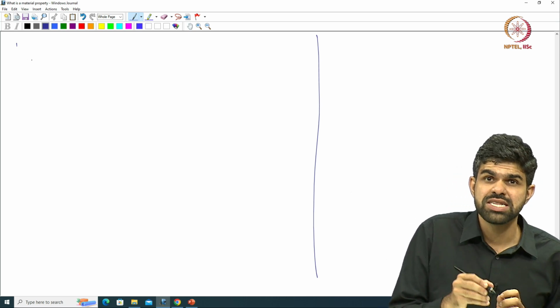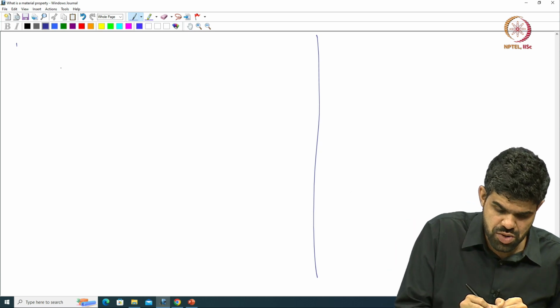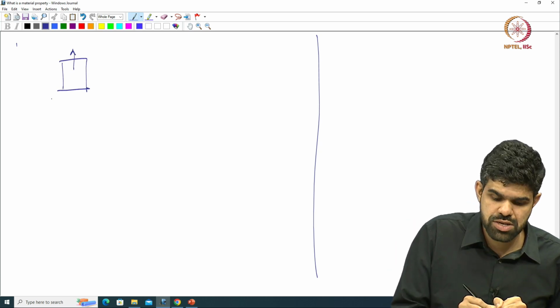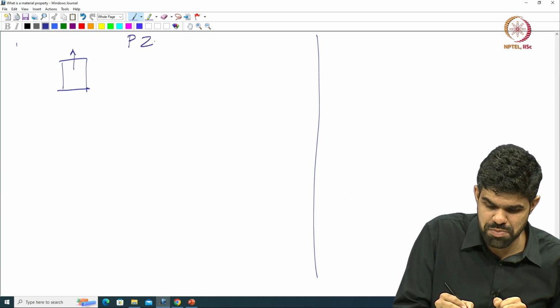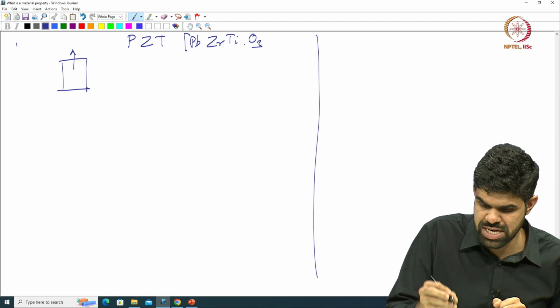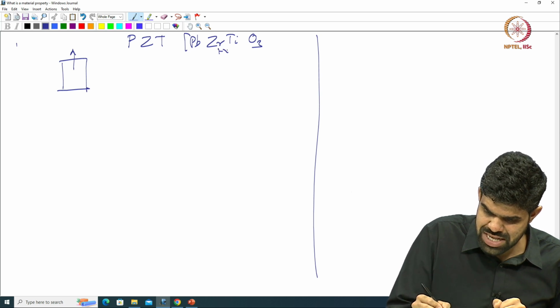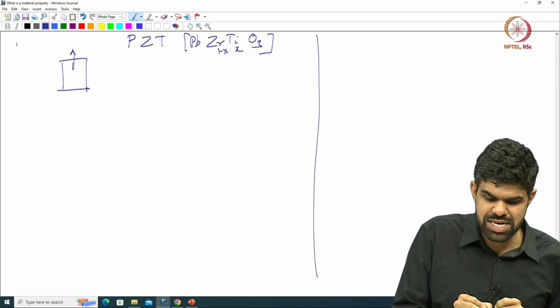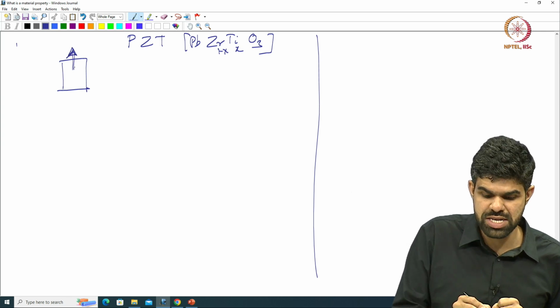So, if I put a system near its phase transition, so let us say there is a tetragonal system, right. Let us take the example of what is called PZT, lead zirconium titanium oxide, 1 minus x, x. So, PZT can exist in a tetragonal phase with polarization which is pointing up.